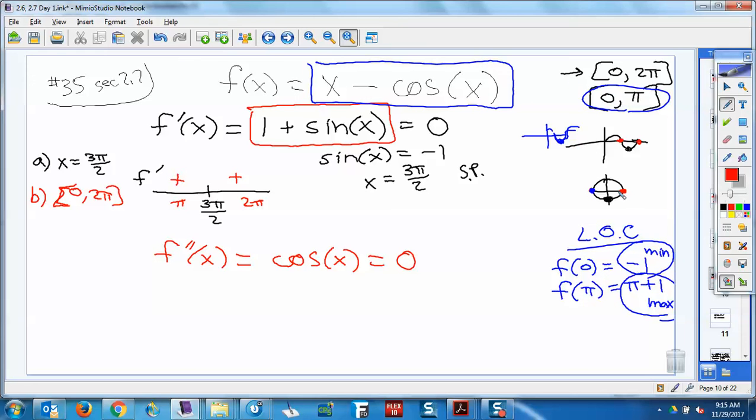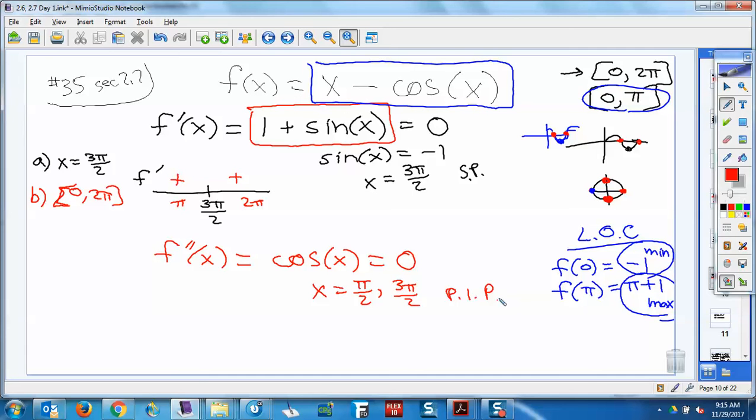Where is cosine 0? Remember, cosine's the x. Pi halves, 3 pi halves, right? Right there at pi halves, and right there at 3 pi halves. So x equals pi halves, 3 pi halves.